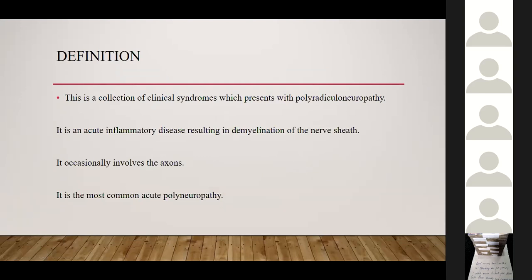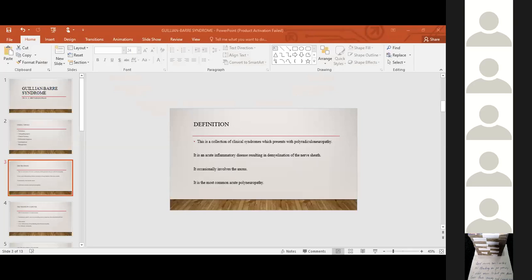We all know what the myelin sheath is. Do you have anyone here who doesn't know what the myelin sheath is? Once you have that kind of demyelination, you are going to have issues with impulse transmission, and in Guillain-Barré, that is what we are talking about.